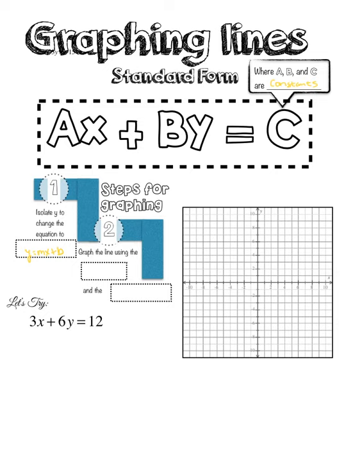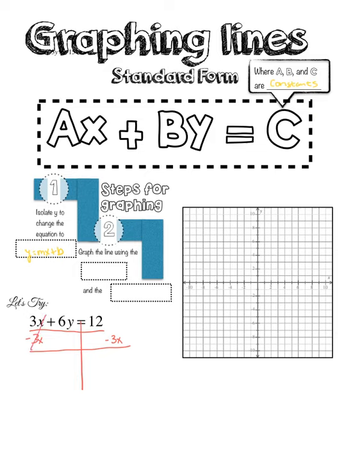Okay, we're going to work with 3x plus 6y equals 12. Draw my T, not required, but it helps. Add the opposite, which is negative 3x. And I did not line up my negative 3x under the 12 because I don't want to make a mistake and make that 9x, because that would be wrong.